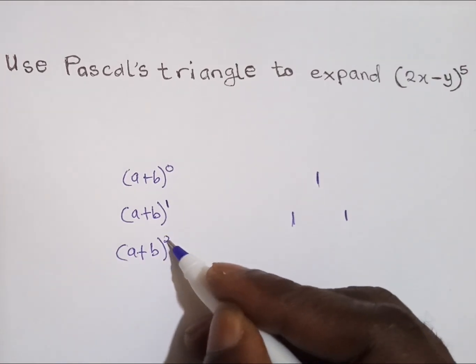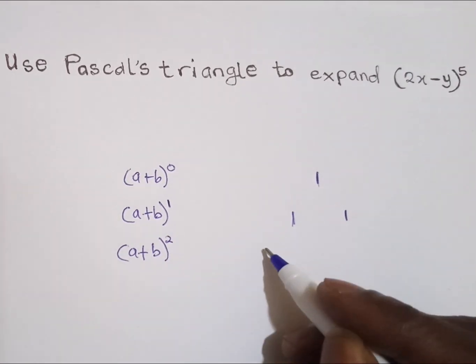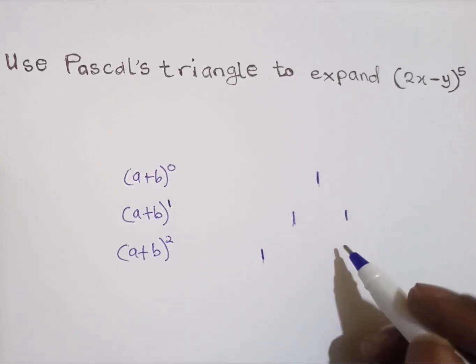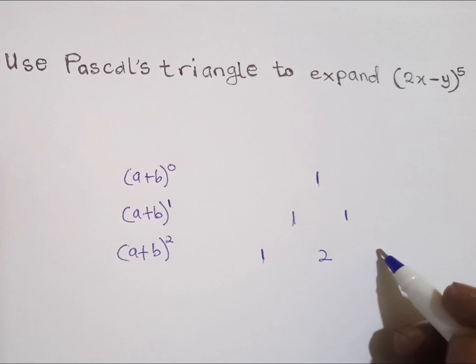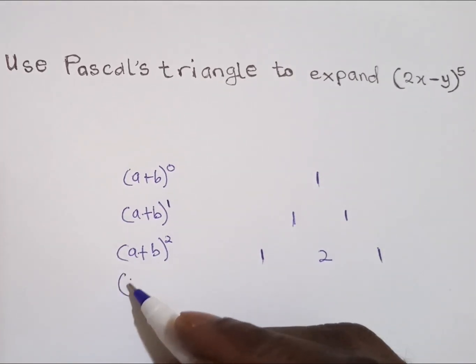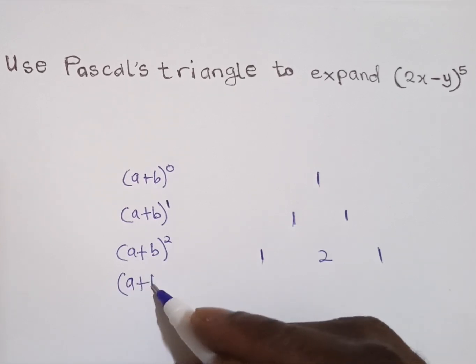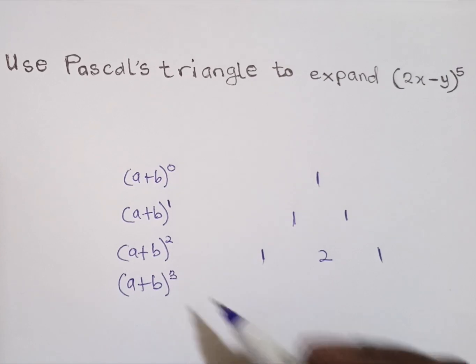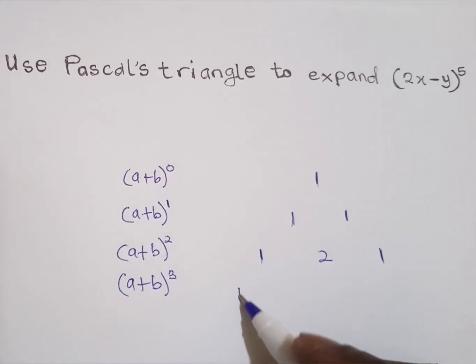So we have exponent 2 here, then we have 1. 1 plus 1 will give me 2. Then I have my 1 here. I have here (a + b) exponent 3. Then I have my 1 here.